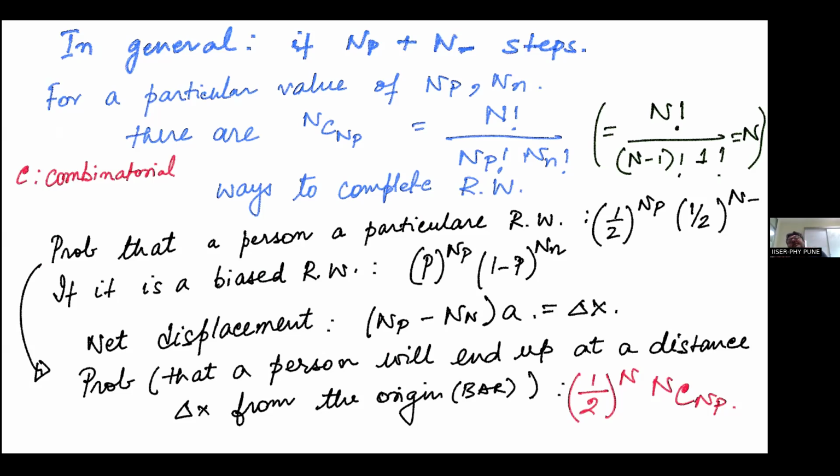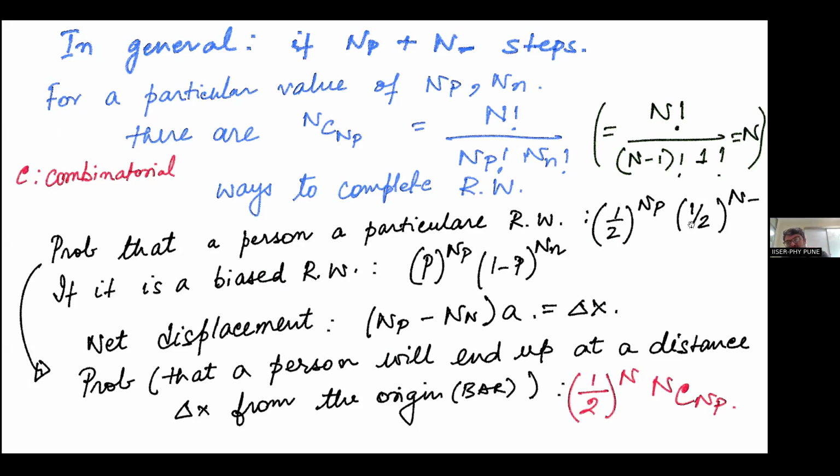This is how many different kinds of random walks you can have for a particular displacement. A particular displacement is decided by the values of NP and NN. But the probability that a person takes one of these random walks is half to the power NP times half to the power NN, because this is an unbiased random walk.